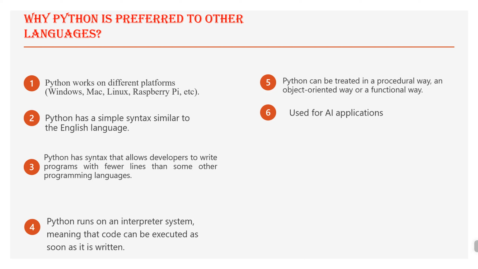And Python has a simple syntax similar to the English language. That's another benefit of using Python as one of the important, handy languages. Python has syntax that allows developers to write programs with fewer lines than some other programming languages.